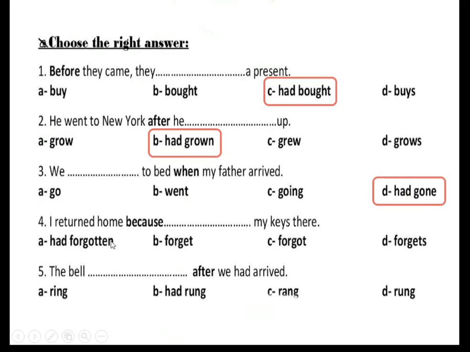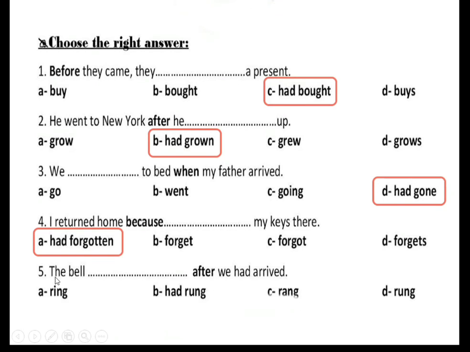Number 4. I returned home because my keys there. Because. This is the second action, past simple. So we need the first action here, which is in past perfect. What is it? Yes? Had forgotten. Okay? Number 5.